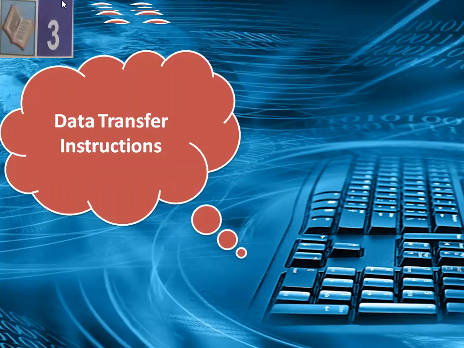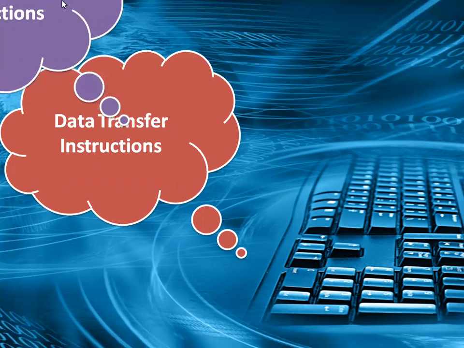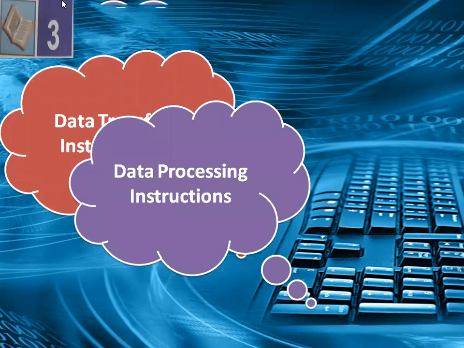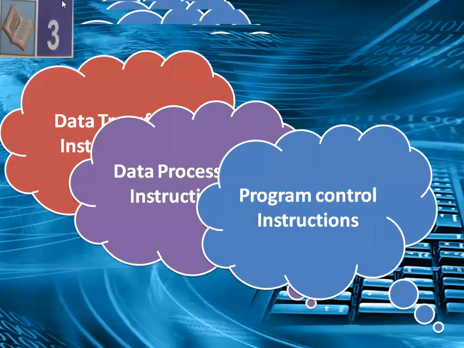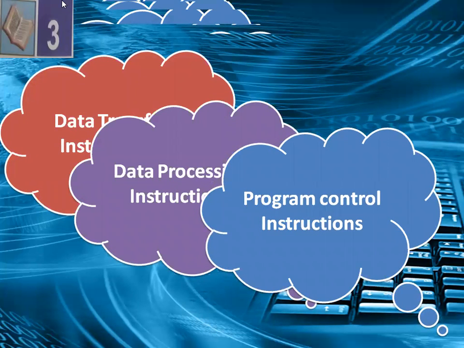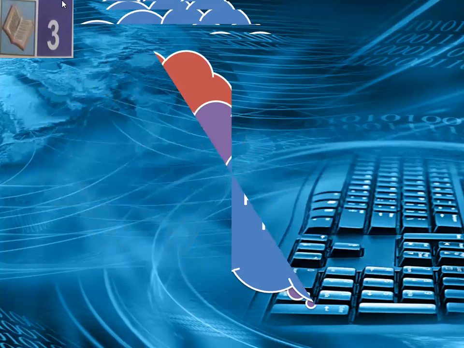So we have different types of instruction. First of all, data transfer instruction. Another type is data processing instruction. The third one is program control instruction. So these three are the basic types of instruction.